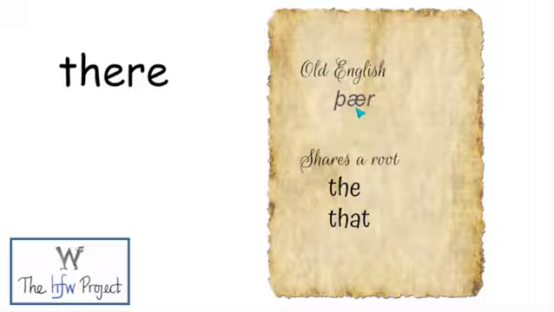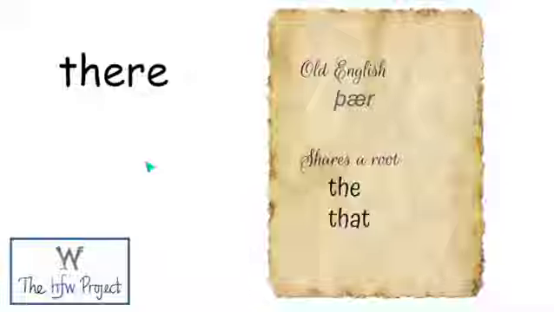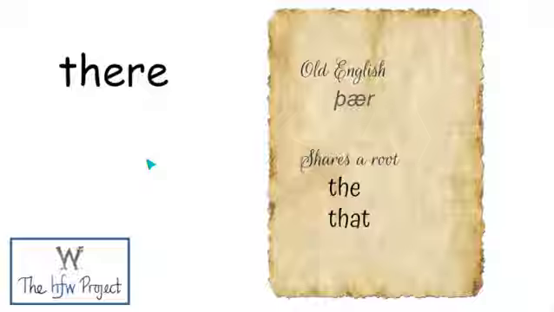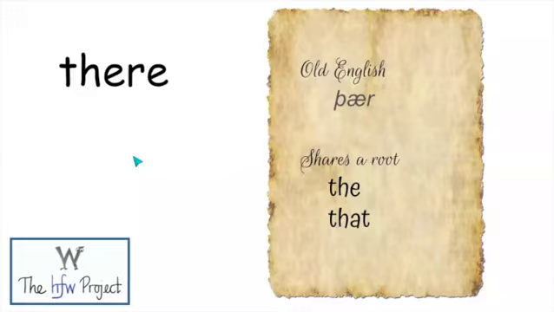And again, notice like in the word where, we've got that air at the end. And so we have all the sounds there. They're just written with a few different letters this time around. The word there shares a root or a historical connection to the words the and that. We'll talk about those words at another time.